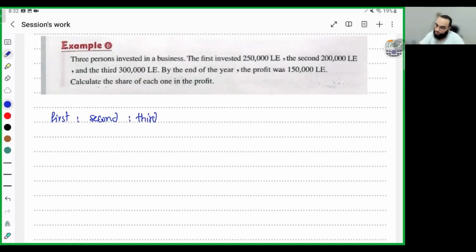Then what the first? 250,000. What the second? 200,000. What the third? 300,000. That's it. Let it like that. What the profit? Is the profit the share of the first, the second, or the third?